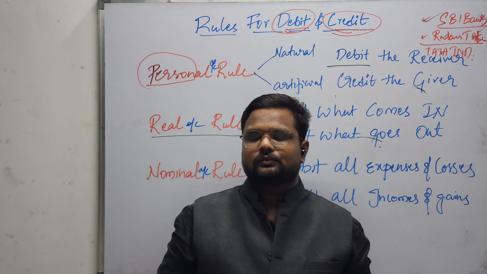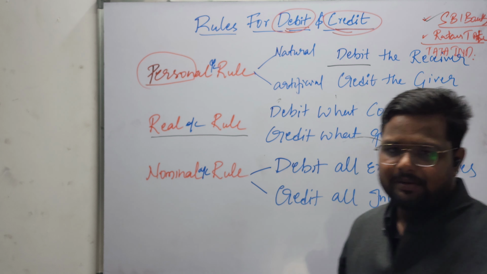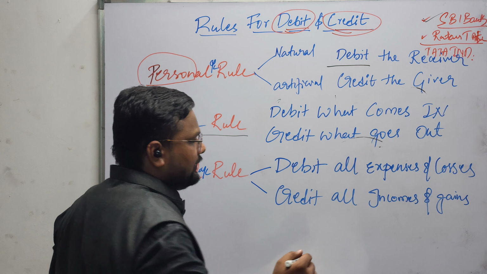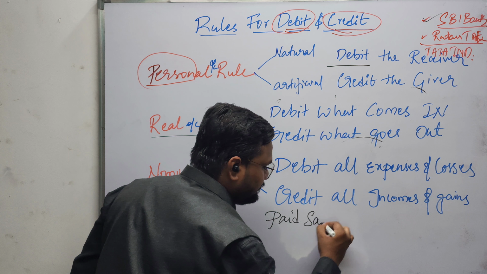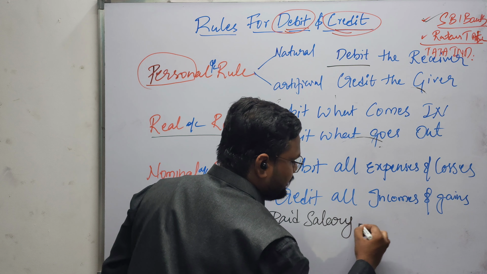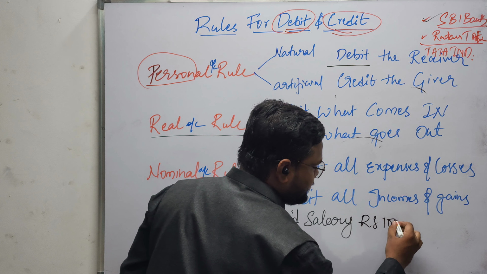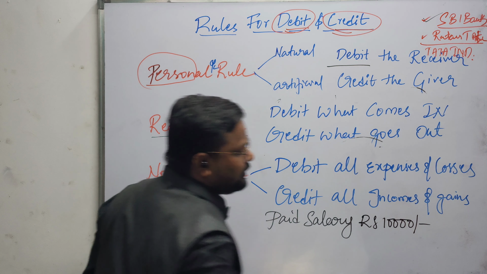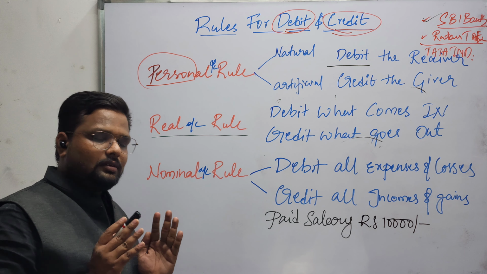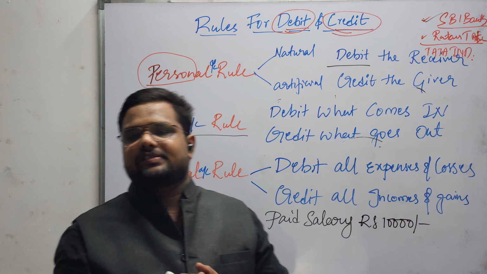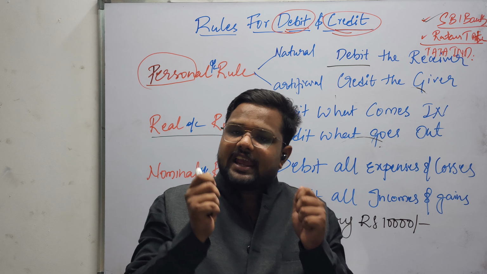So now, example for the nominal rule. Let us see. Paid salary rupees 10,000. Now, for any business, salary is always an expenditure.